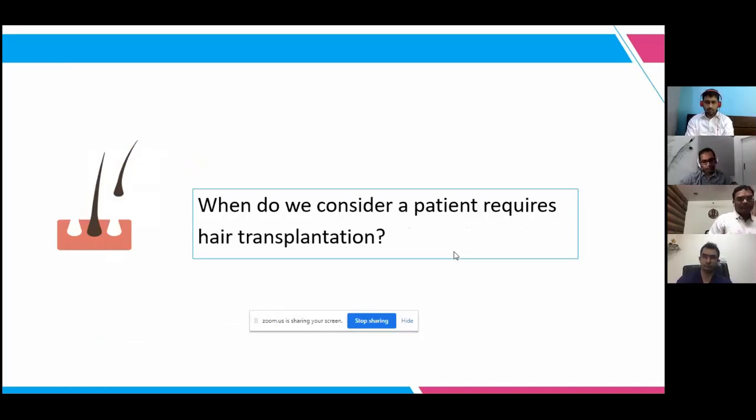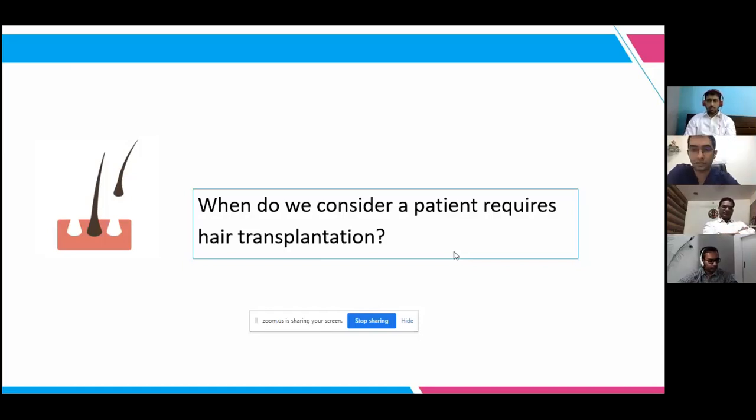When do you consider a patient requires hair transplantation? This goes to Dr. Malay Mehta. A patient with established baldness above grade 4, I would say, any patient about 25 years of age. A decent amount of donor area is also needed to do the transplantation, because many patients, as Dr. Anand has already said, have diffuse, unpatterned hair loss, and even though they want it, we can't go ahead and do it.